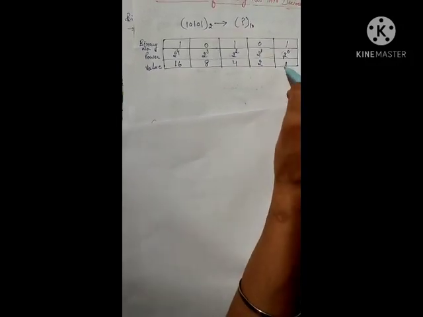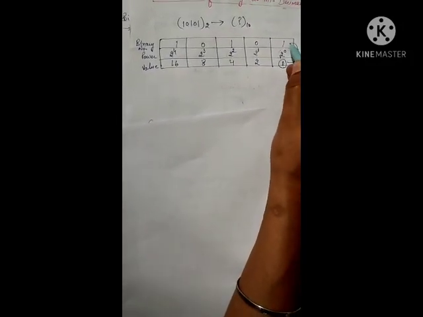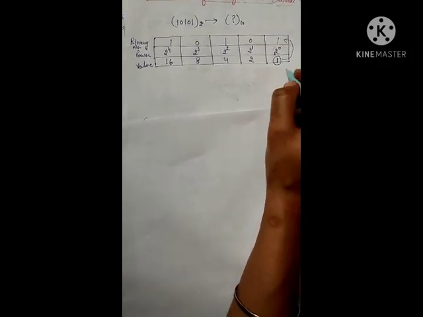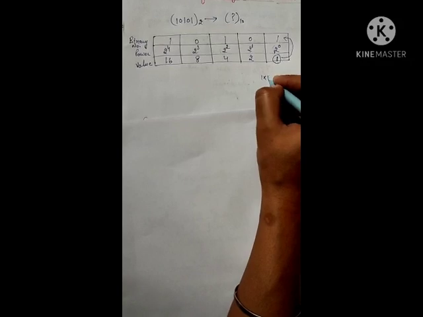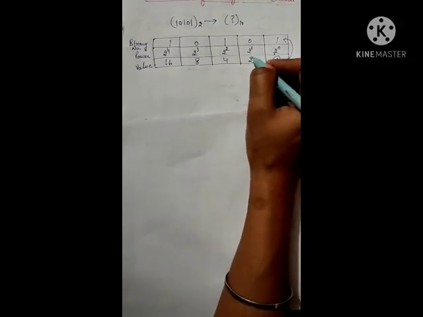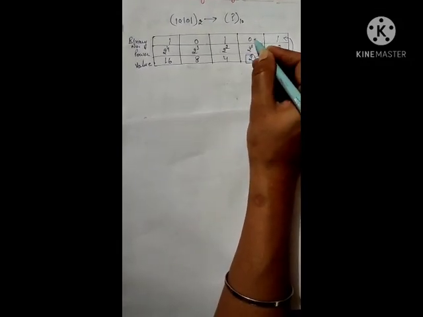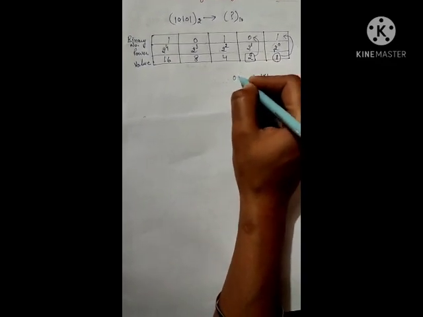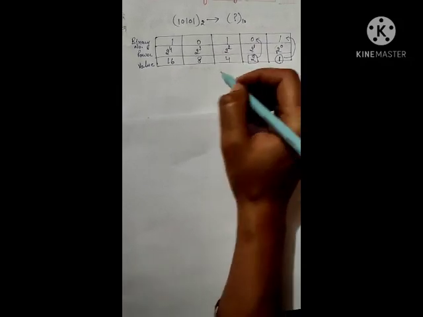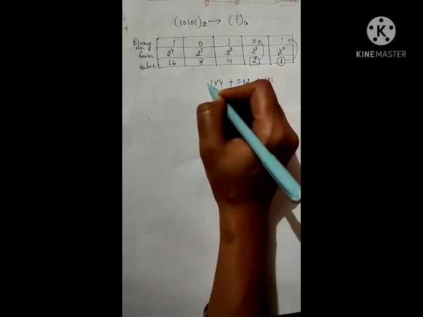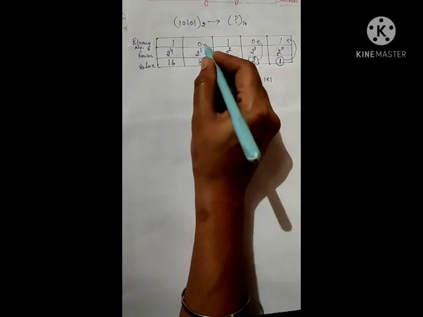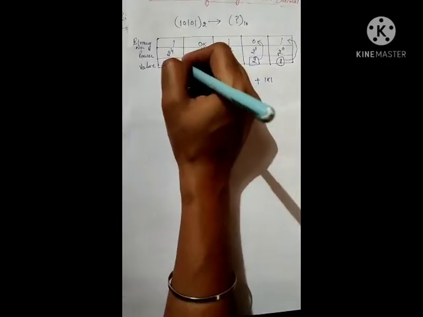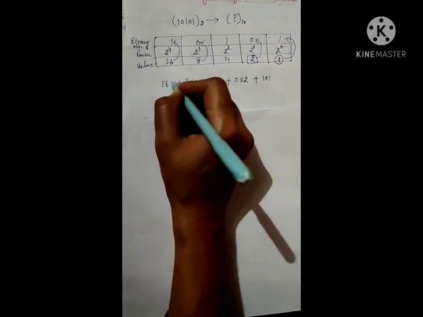Now multiply this value with the corresponding binary digit: 1 into 1 plus 0 into 2 plus 1 into 4 plus 8 into 0 plus 16 into 1.